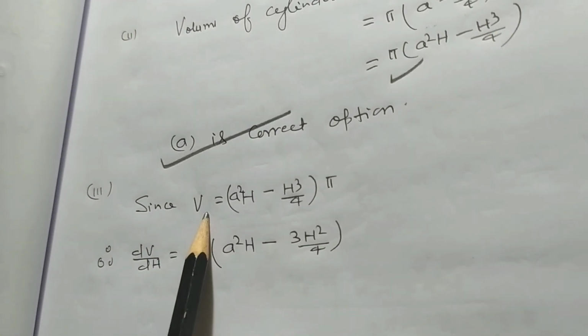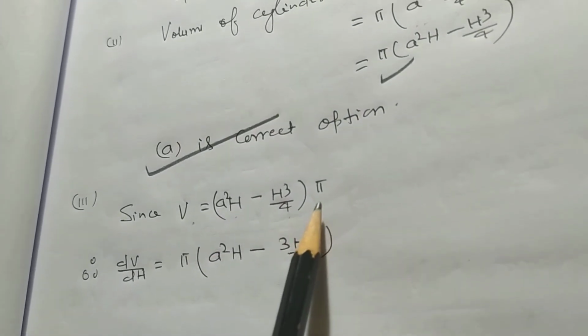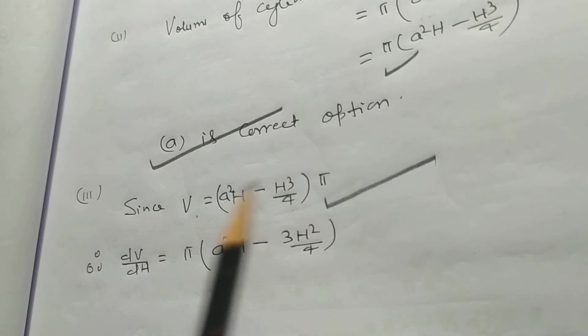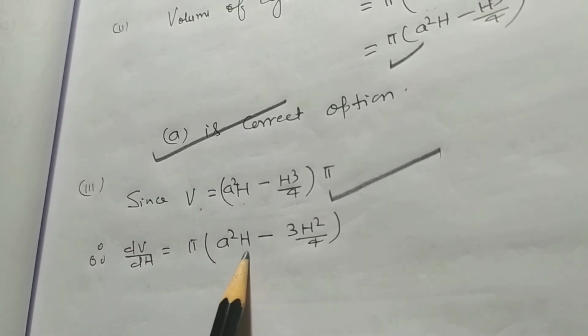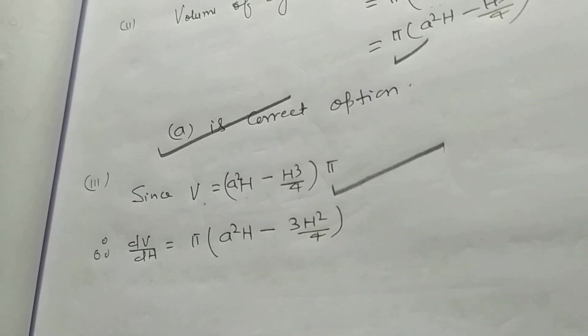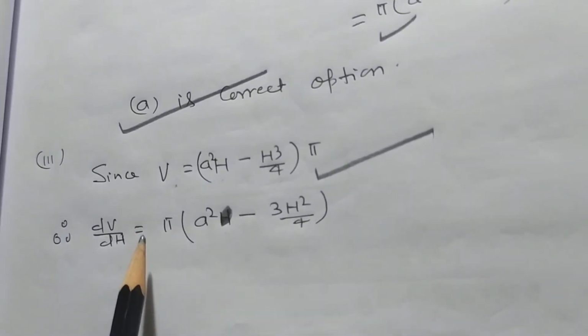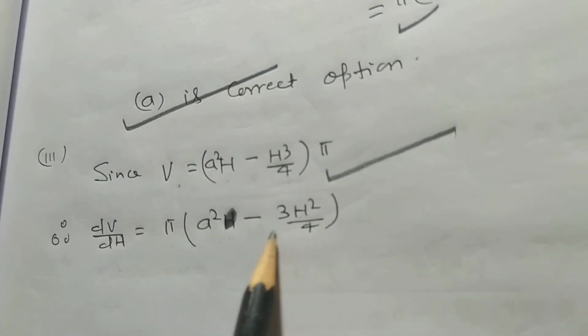Since V, the volume of cylinder, is pi into A square H minus H cube by 4, we differentiate: dV by dH is equal to pi A square minus 3 H square by 4.